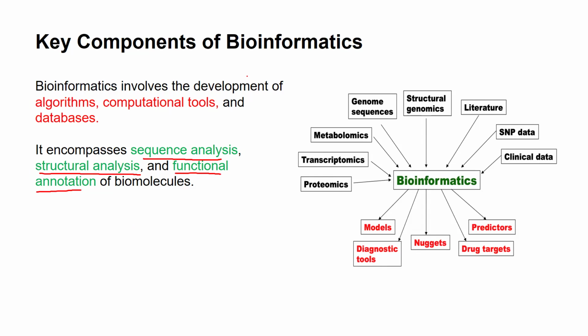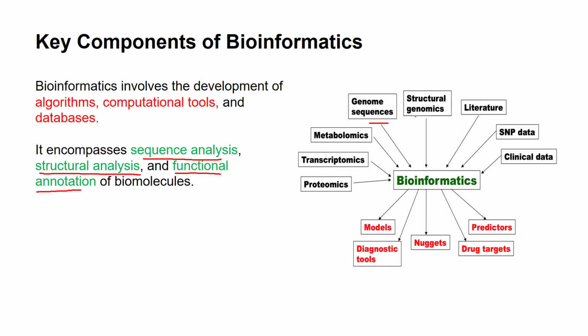And as we can see from here, the knowledge of bioinformatics requires the knowledge of genome sequences. It also aids in structural genomics. It also requires getting knowledge from literature, SNP data, that is single nucleotide polymorphism. It needs clinical data.